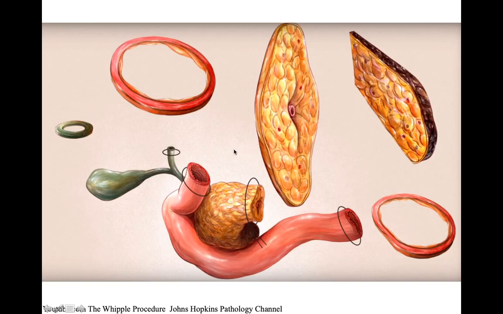When we take our margins from a Whipple, it's actually very easy because we take the bile duct margin, the proximal margin, which is the stomach or potentially the duodenum, and then the distal margin, which is again the duodenum, and the pancreatic resection margin. Keep a note, all of these margins are taken en face. They can be taken fresh right when the specimen arrives, and then we take the uncinate margin, which is hiding right over here, perpendicularly.